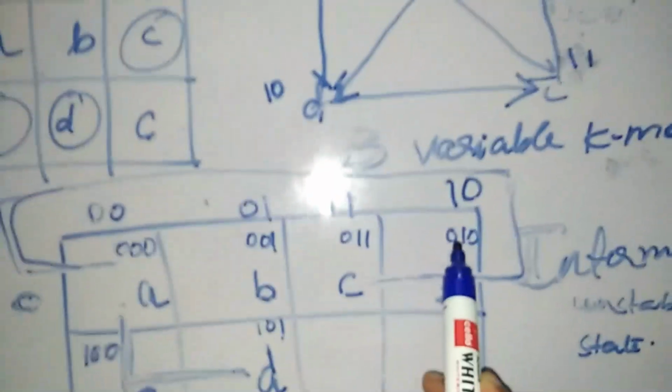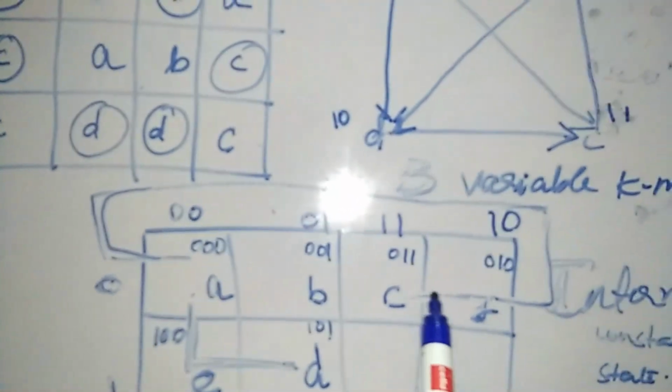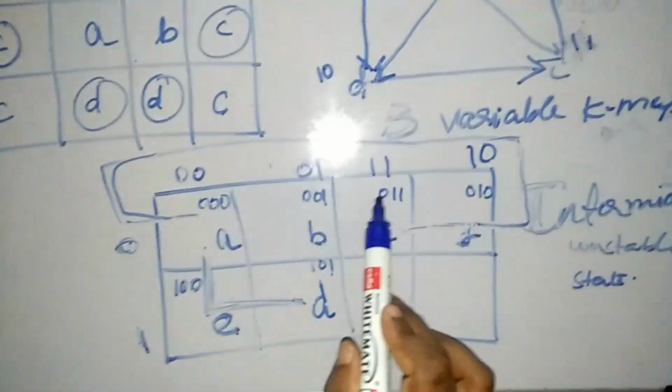You can see there is only a difference in one position now, right? Yes or no? So this eliminates the race. Now come back to here. C to A is over. C to B: here it is 0, 0, 1, here it is 0, 1, 1. So it differs in only one position, right? So you can skip that.